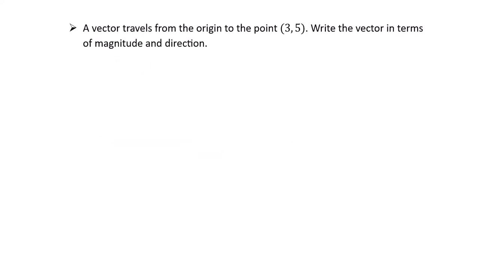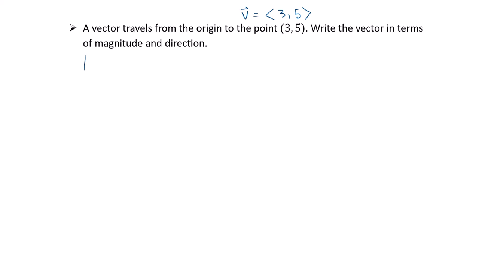A vector travels from the origin to the point (3, 5). Write the vector in terms of magnitude and direction. So the first thing, we need to recognize that this is vector v, the position vector, because it's traveled from the origin to the point (3, 5).